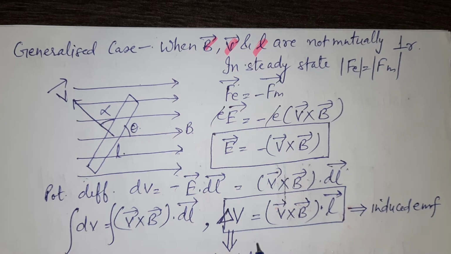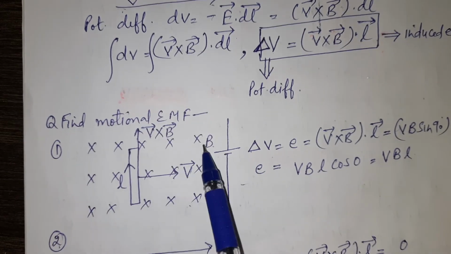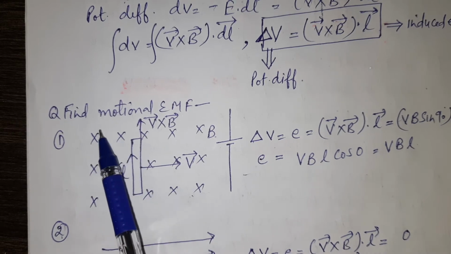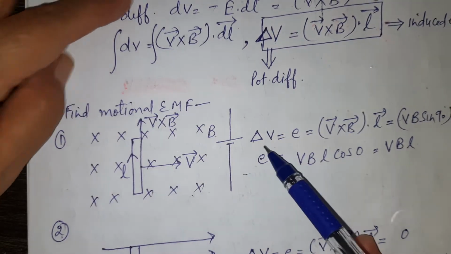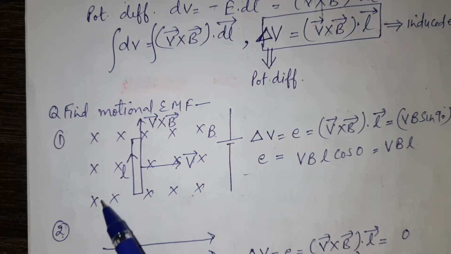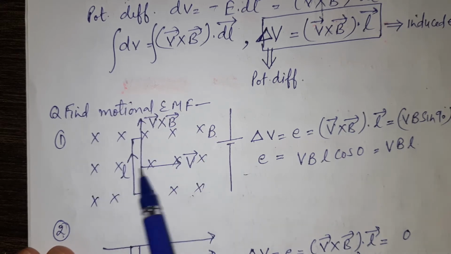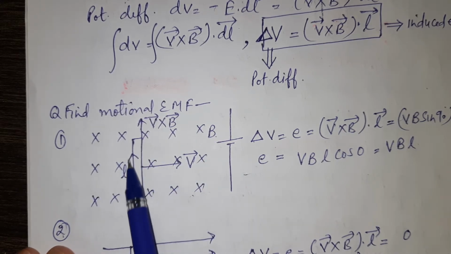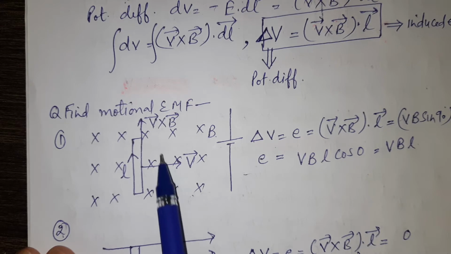So let us do some numericals based on motional EMF. Now first find the motional EMF. In all the cases we have to find the motional EMF. Number 1, first question. This is the magnetic field, this is the rod and this is the velocity.